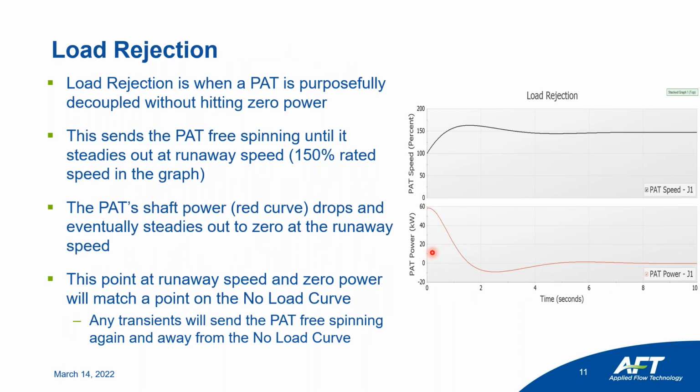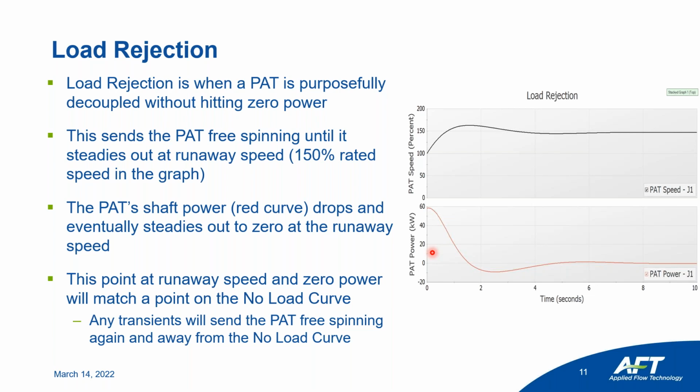All right, so what is load rejection? Load rejection is decoupling before the PAT's power hits 0. So this is like a forced decoupling by whoever's running the PAT, or by whatever system is running the PAT.